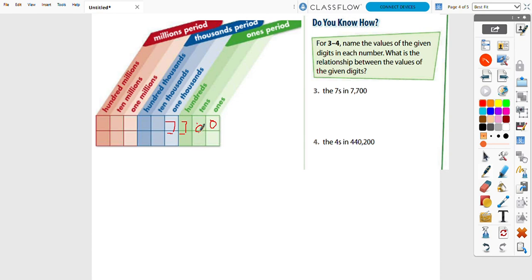So we should know that this one here, the 1000s, is times 10 of the hundreds.